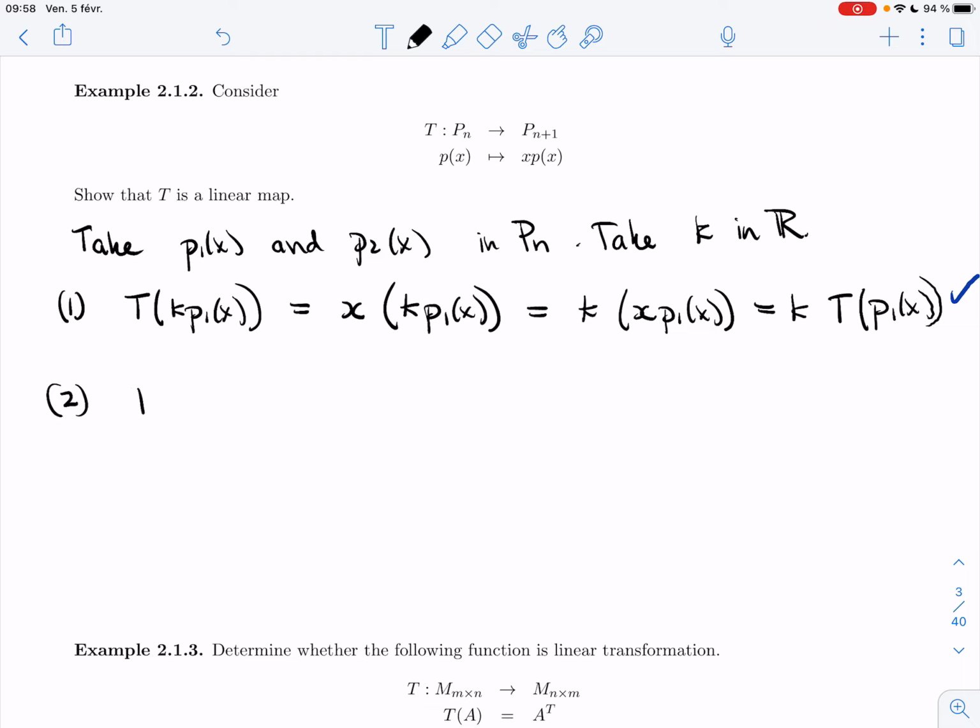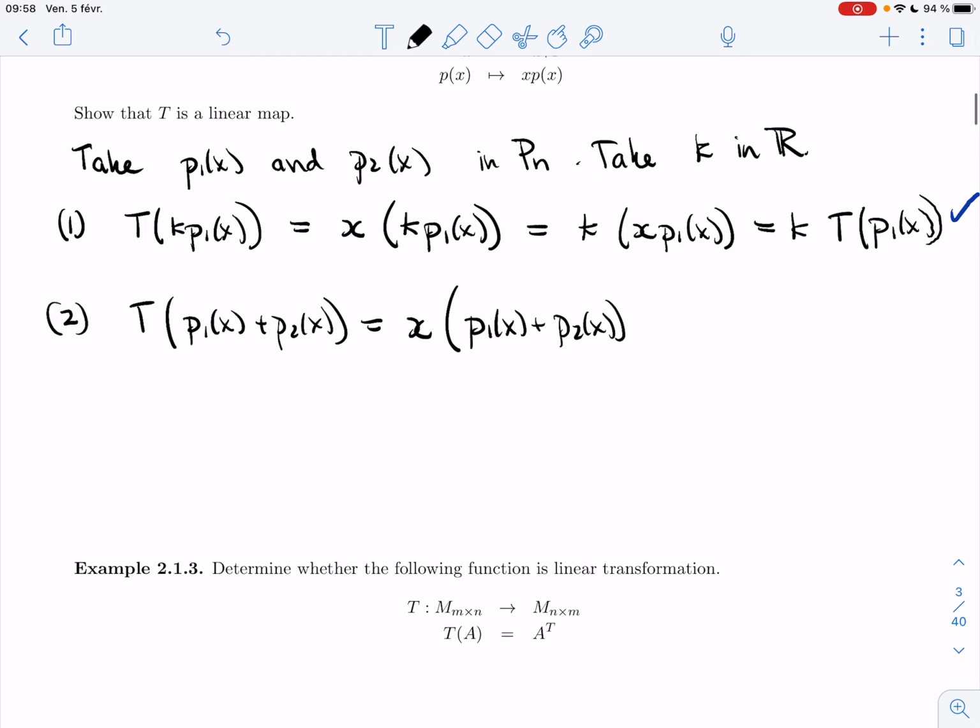Let's try property 2. What if I add these polynomials first and apply T? Well, that means I would multiply x to the sum. But these are polynomials, so I know I can distribute the x in.